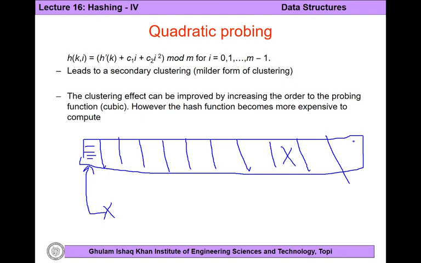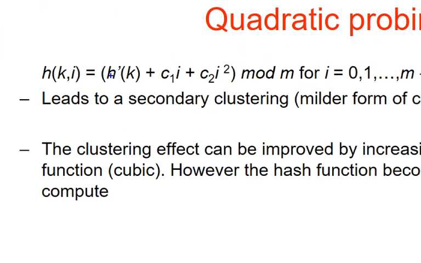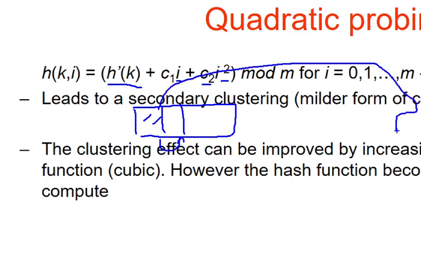So how is it done? It is done using this method. You get a key, and instead of going to the next slot, you multiply the index with a constant, plus you multiply the square of the index with another constant, and then you get a new slot, right? This makes sure that instead of placing a key in the immediate next slot, you place it somewhere very far away.